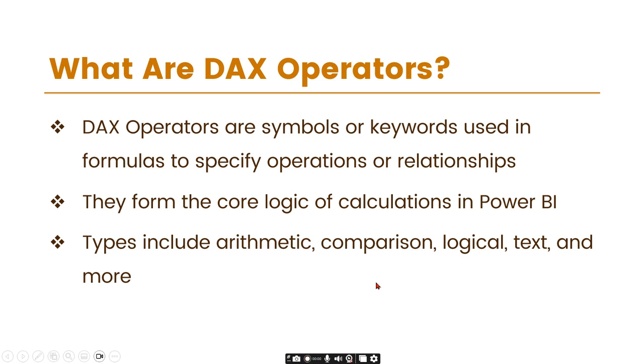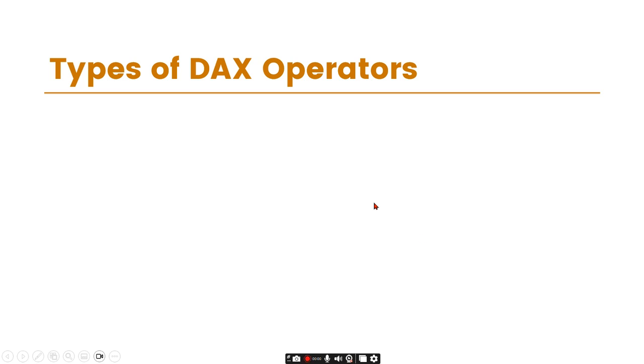The types of DAX operators we have in Power BI are arithmetic operators, comparison operators, logical operators, text operators, and many more. In text, we have the and symbol, which we'll be seeing in the coming slides.